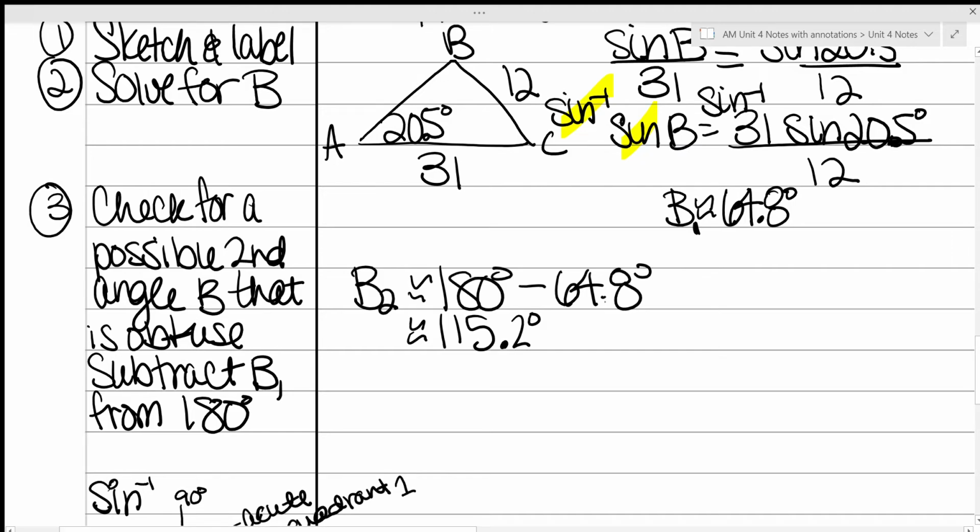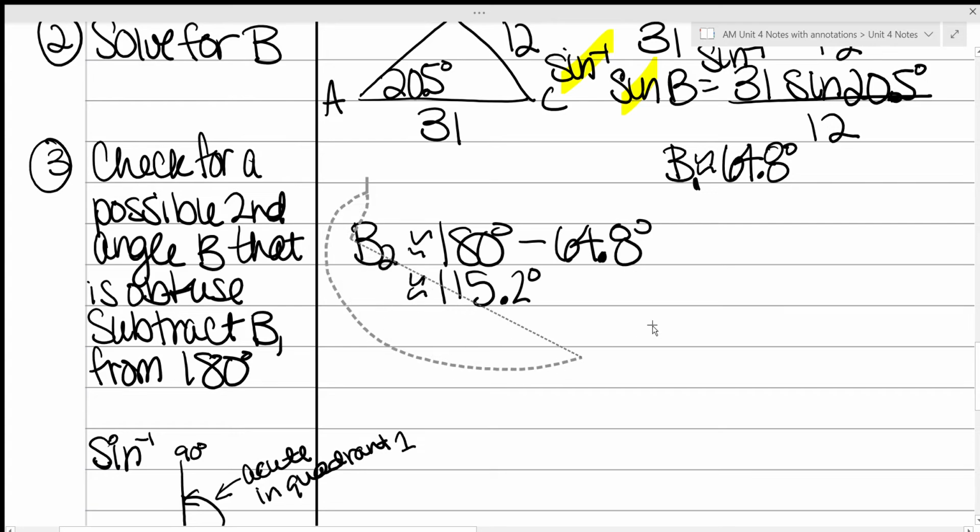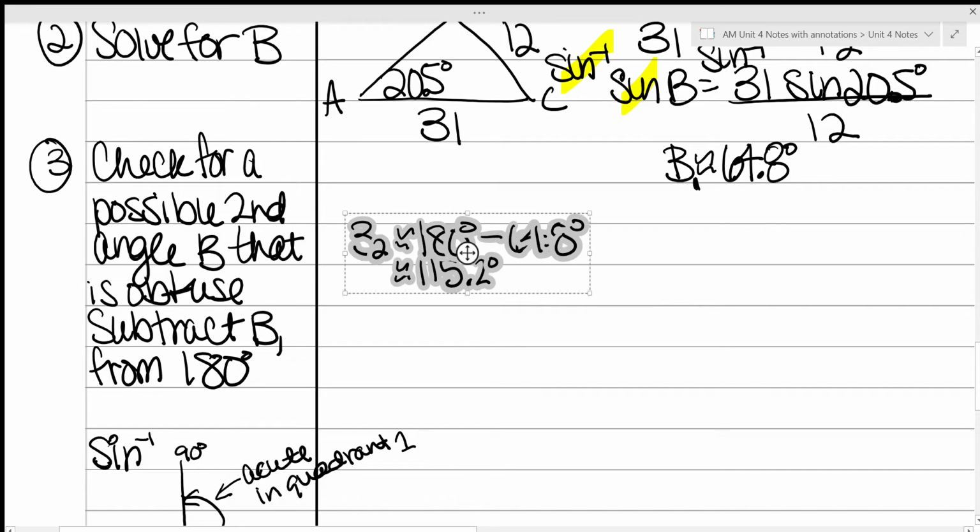But to figure that out, we have to see what angle C is. That's the only way to know for sure. So we're going to solve for two triangles here: one for B1 and a second one for B2, and see if it works. Let me shrink it down a little bit because I wrote super big.